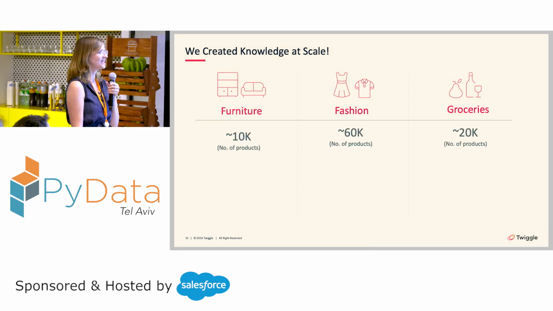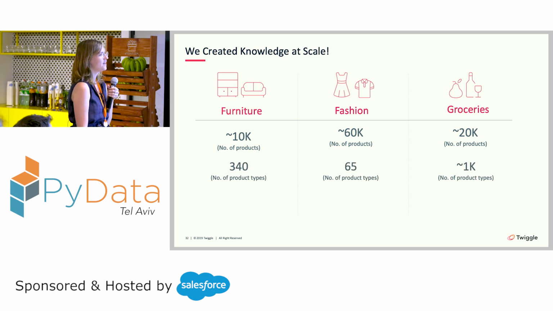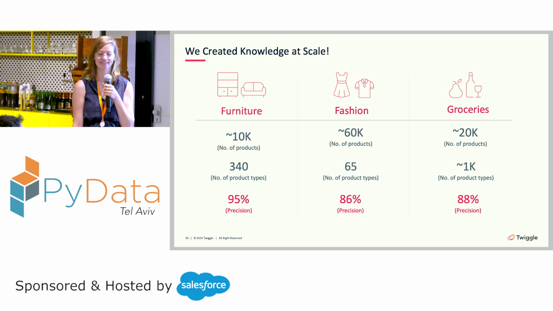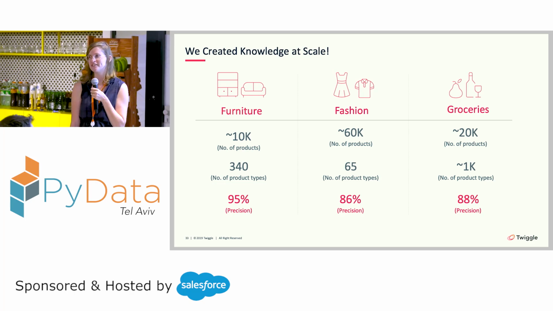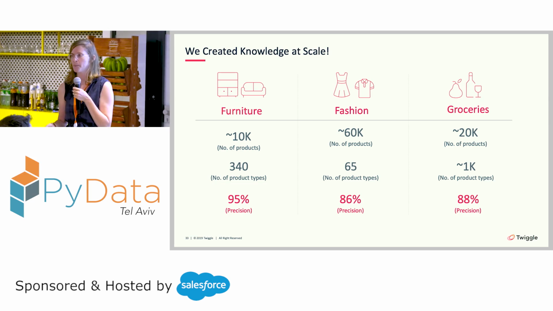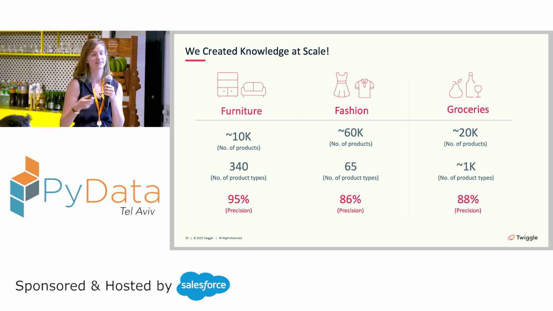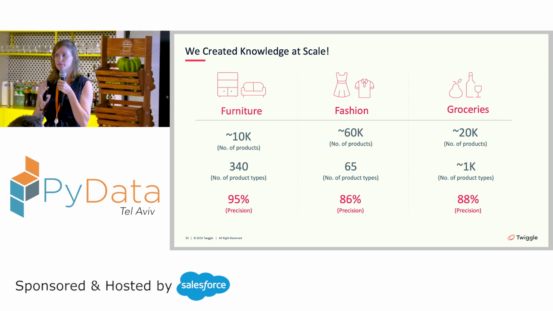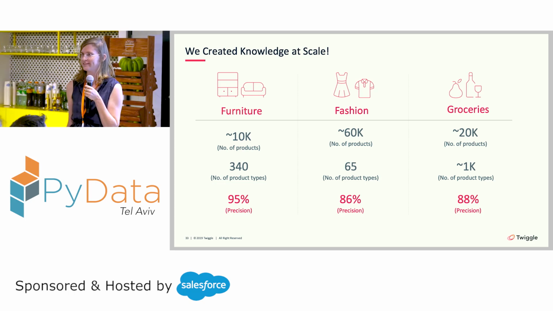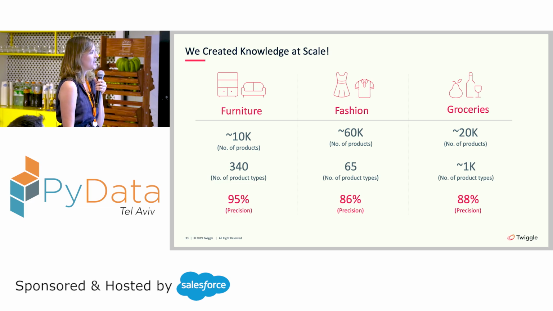We took tens of thousands of products and grouped them into different product types, with a decent percentage of accuracy. For example, in the fashion domain, we took 60,000 products and grouped them into 65 product types. So it's roughly 1,000 products per product type, and out of these 1,000 products, 80% really belong there. I think it's a rather big task that we're able to accomplish.